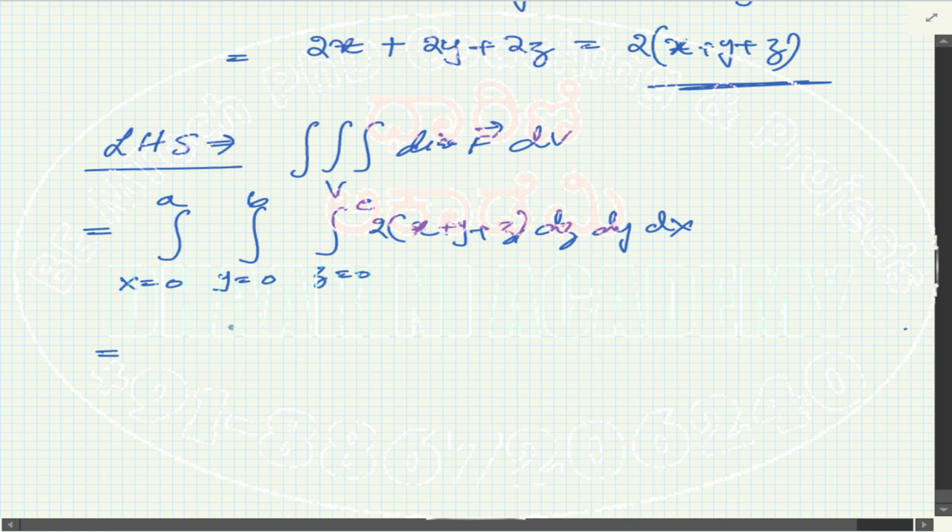Okay, so this is equal to, let's take the 2 outside, integral x is equal to 0 to a, integral y is equal to 0 to b. Perform the integration of this function with respect to z, right?